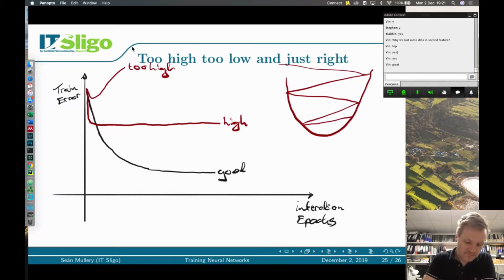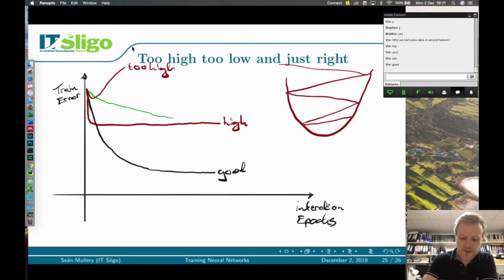If we're too low, what we tend to see is that it goes down all right, but it tends to go down at a very, very sluggish rate. Maybe I'm going a bit too easy on it.